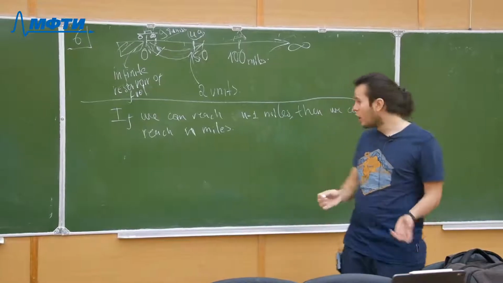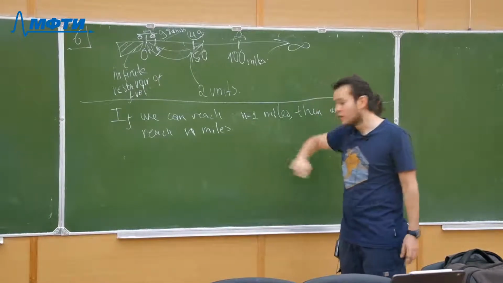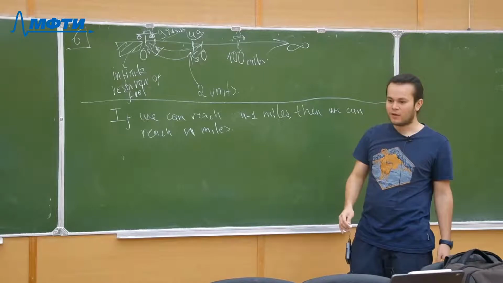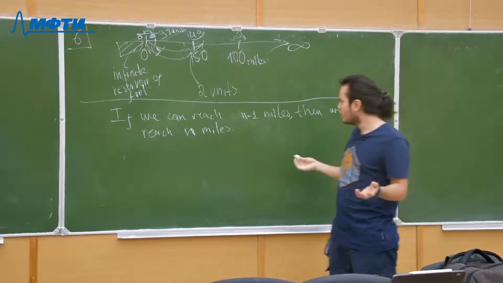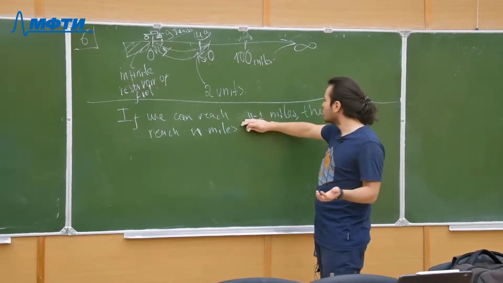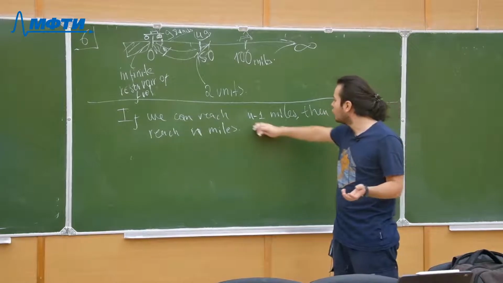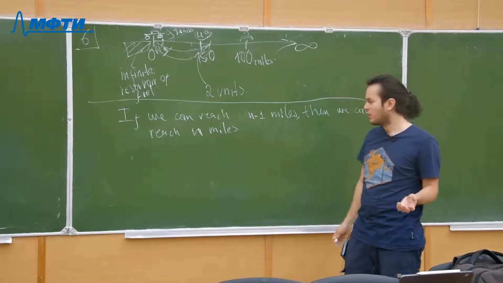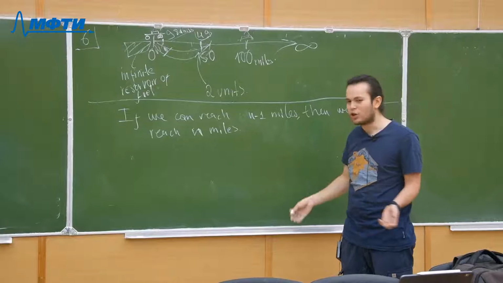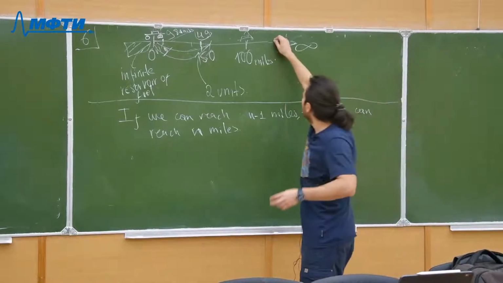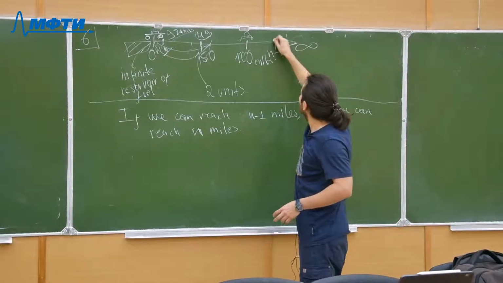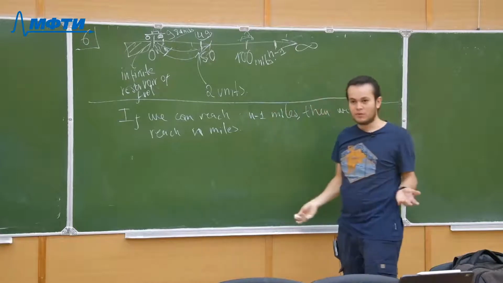That maybe we can go n minus 1 miles. We know this for sure. And then I tell you, yes, you went n minus 1 miles, but your fuel is over. So you don't have fuel anymore, right? So you get to n minus 1 here, but your tank is empty.